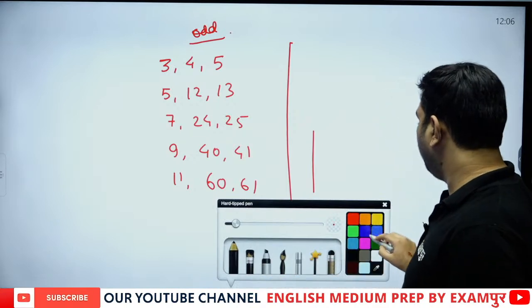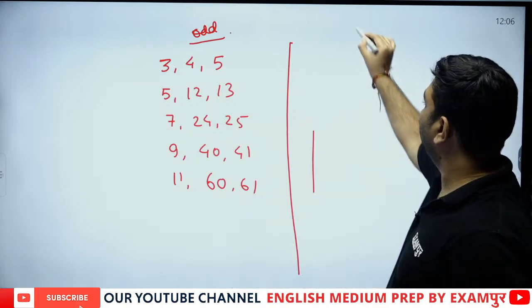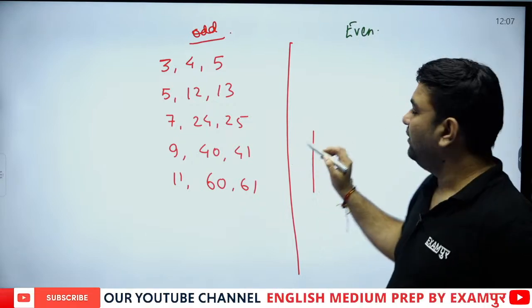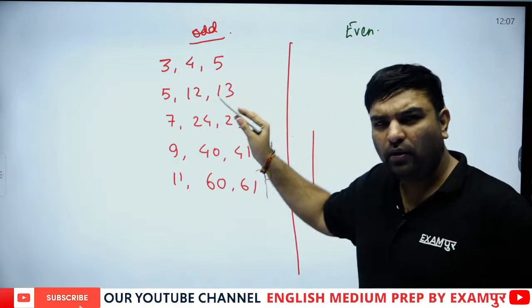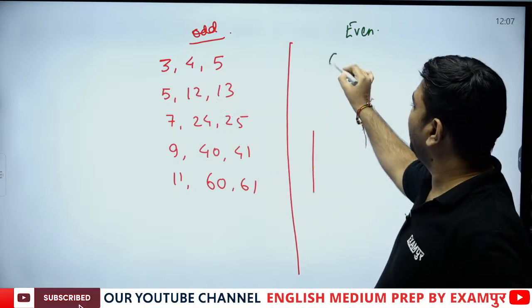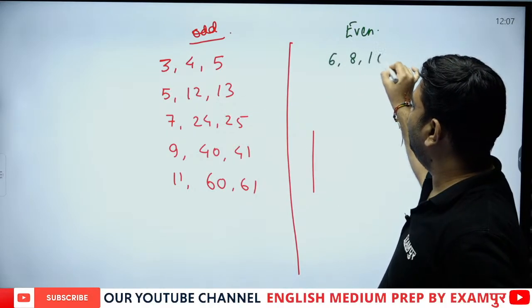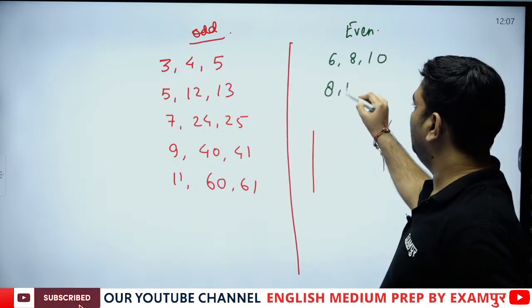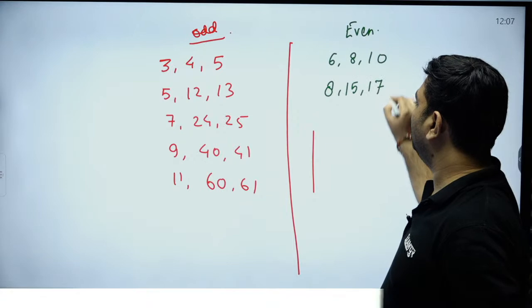Then what about even triplets? Even triplets are not from 4, not from 5, but directly from 6: 6, 8, 10, which is double of 3, 4, 5. Then 8, 15, 17.